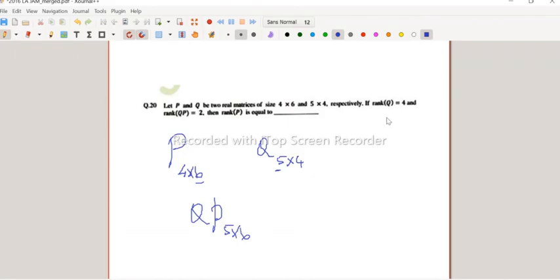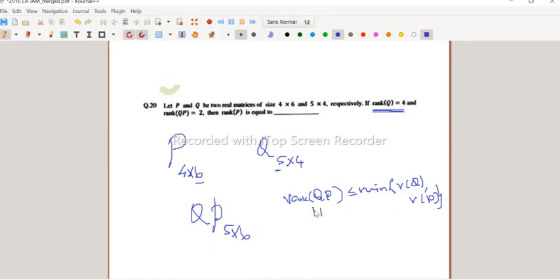And then it is given that rank of Q should be 4 and rank of QP is equal to 2. And we know the formula for the rank of a product of two matrices. So rank of AB is less than or equal to the minimum of rank of Q comma rank of P. Okay, less than or equal to. We cannot say exactly equal to.